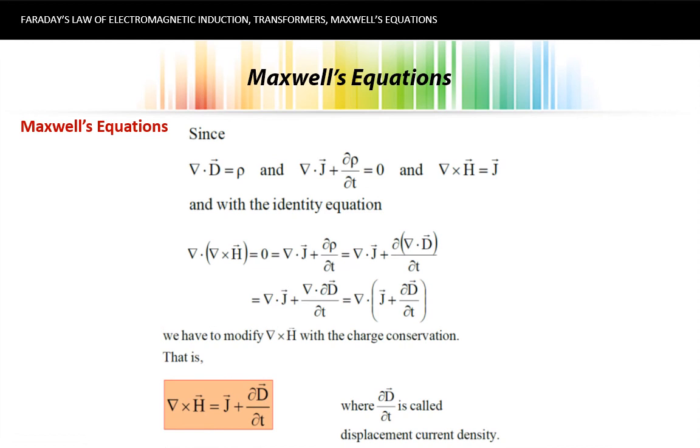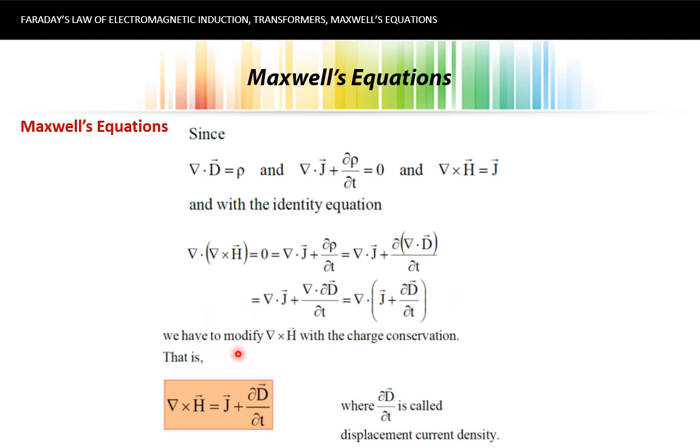Since divergence of D is equal to rho, and divergence of J plus del rho over del t is equal to 0, and we have curl of H is equal to J, using the identity equation, we can write down this expression.